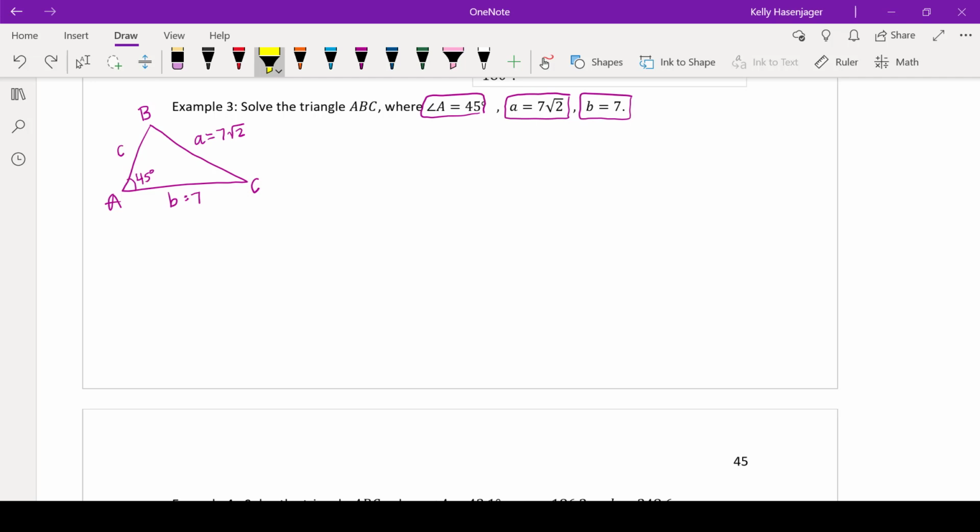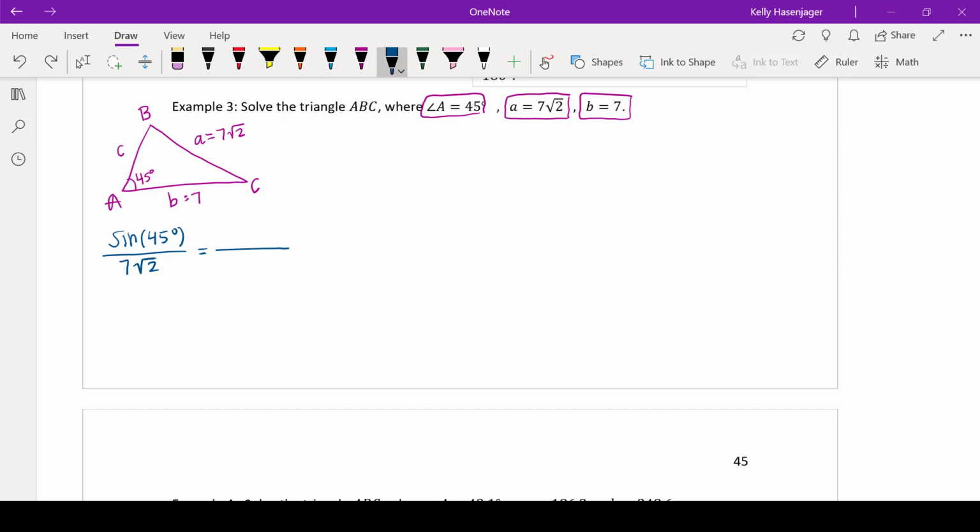So you see that we have alternating or corresponding angle and side. We have an angle and a corresponding side. So that tells us we can use the sine property. So let's go ahead and do that. The sine property says we have sine of 45 degrees over 7 root 2 equals, now we want to choose side B and angle B because that's the only other piece of information that we're given.